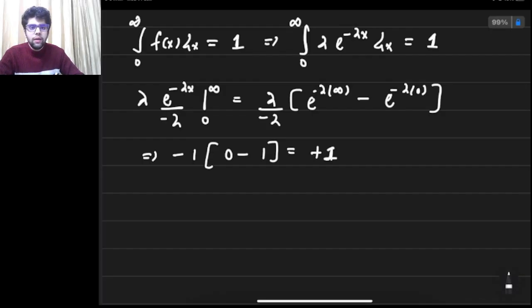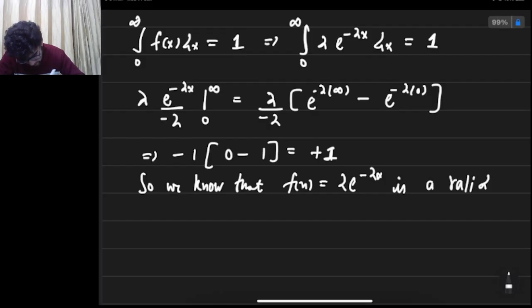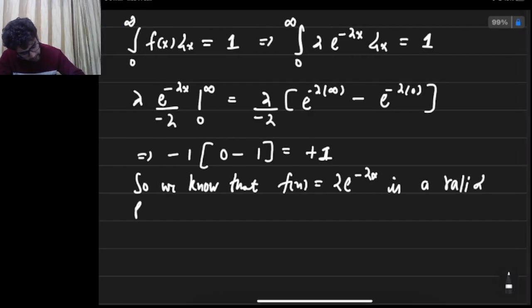So we know that f(x) equal to lambda e to the power minus lambda x is a valid PDF for all x greater than or equal to 0.